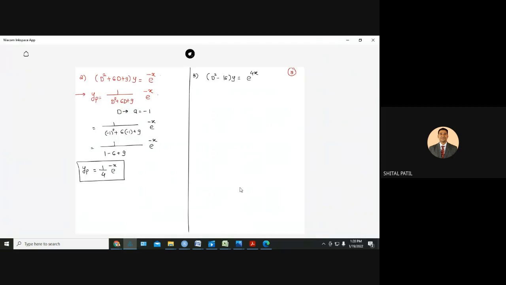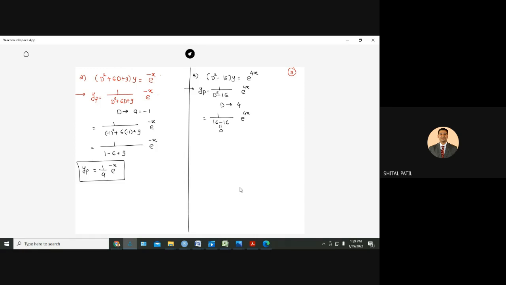Yes. So write y of p equal to 1 upon d square minus 16. What answer you are getting? So 0, and 1 upon 0 is infinity. And infinity should not be the answer.